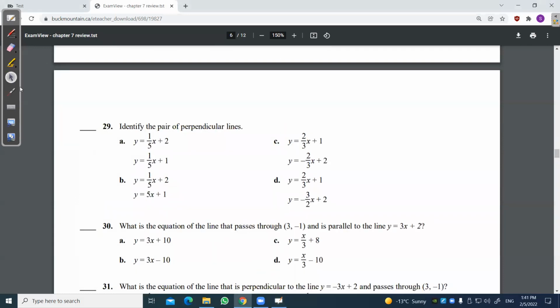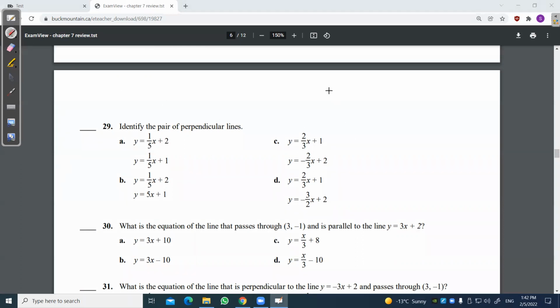What about perpendicular? What's the condition for perpendicular? They meet at one point. They do meet, but how can we identify them from a set of equations? They're a negative and a positive.